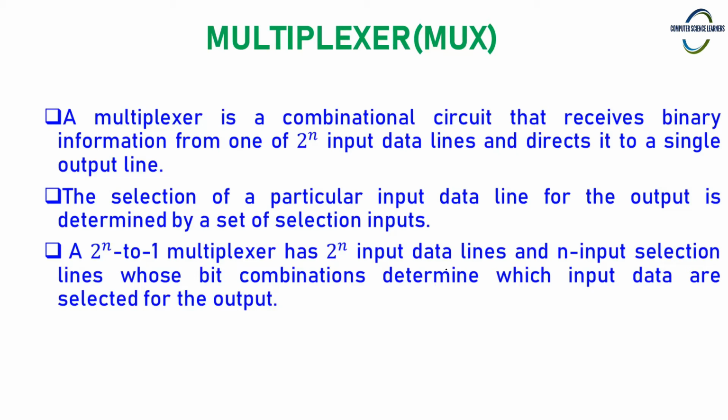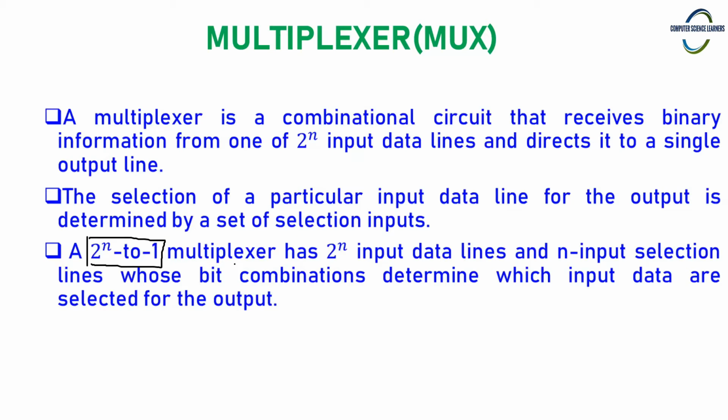Which of these 2 raised to the power n input lines would be selected depends on the selection line, or selection input, where n is the number of select lines.